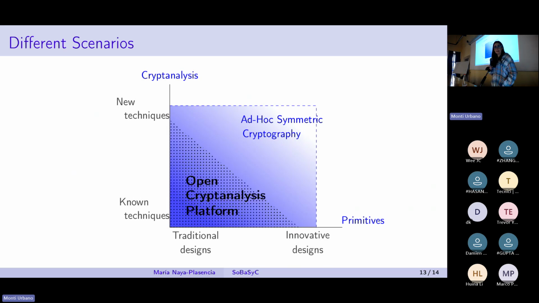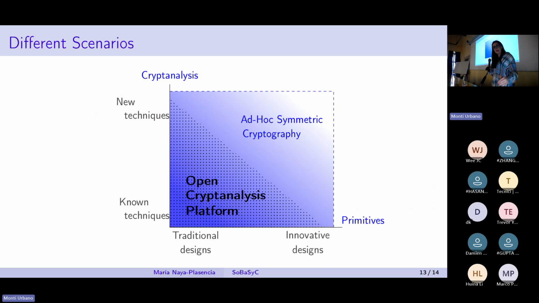I think the open cryptanalysis platform that Thomas is going to talk about later, or the toolbox that we would like to propose, most likely will take into account all the algorithms that we could produce in the dotted space. As ad hoc symmetric cryptography develops, the platform, the toolbox, needs to evolve with it.